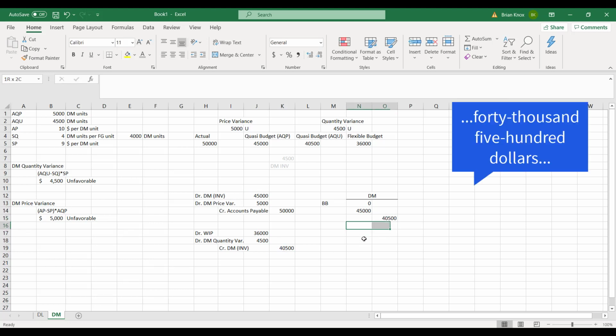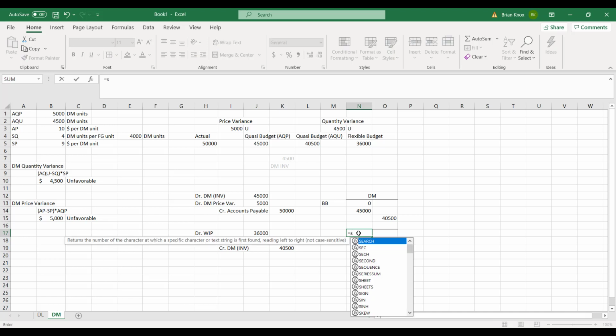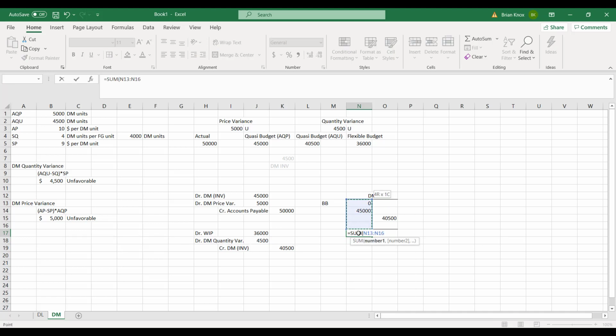And so if we took the trial balance now, we would end up with that difference of $4,500. So that's going to bridge the gap between these two amounts right here.